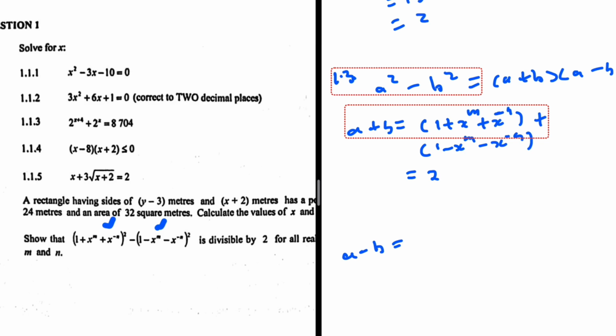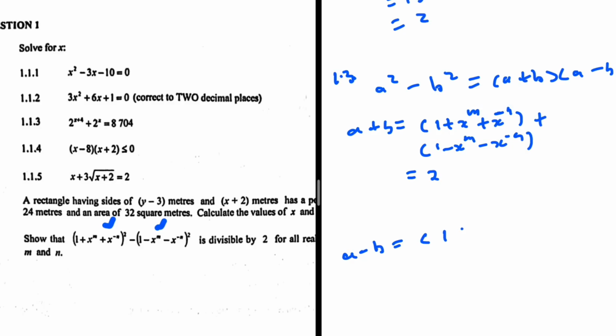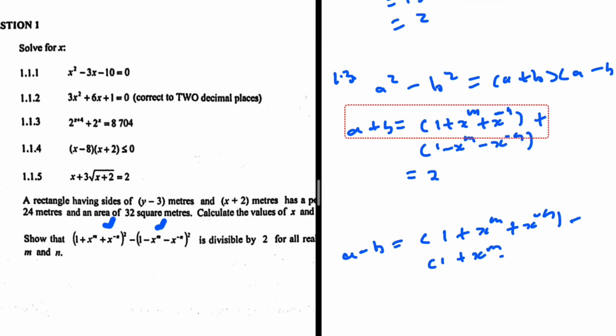Right, what about a minus b? So we'll have a, which is 1 plus x to the m plus x to the minus n, minus b, which is 1 minus x to the m minus x to the minus n.